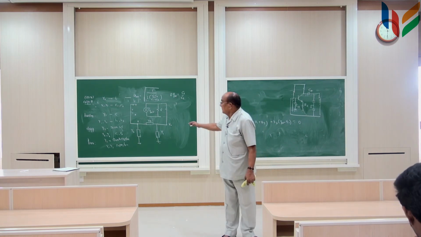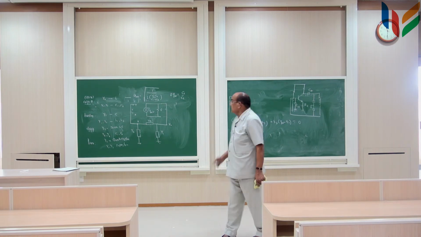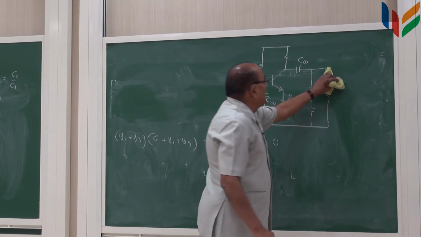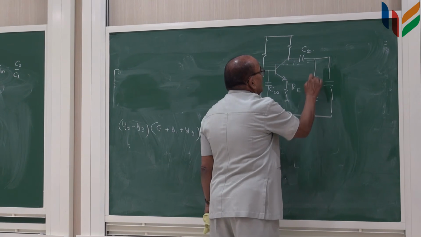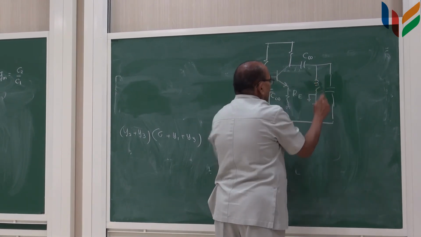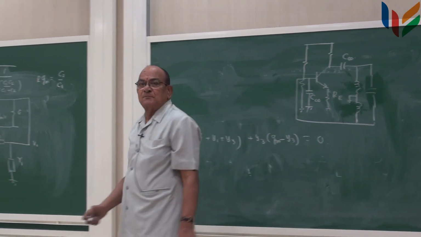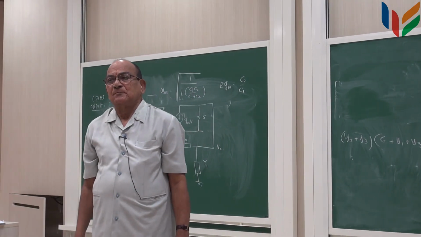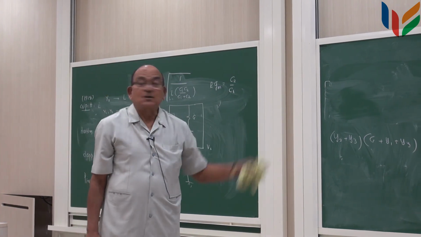If I want to make it into a Hartley oscillator, what do I do? Just change these values, right? Put a capacitor here and put an inductor here and another inductor here. So, you get your Hartley oscillator.